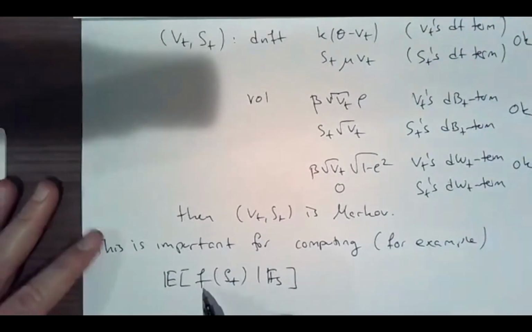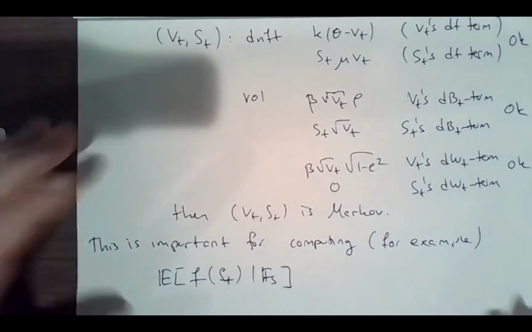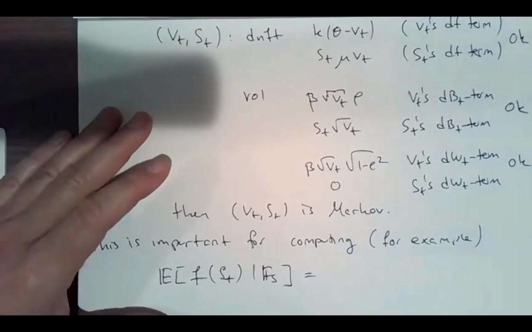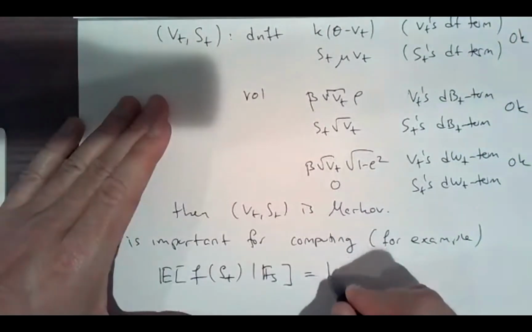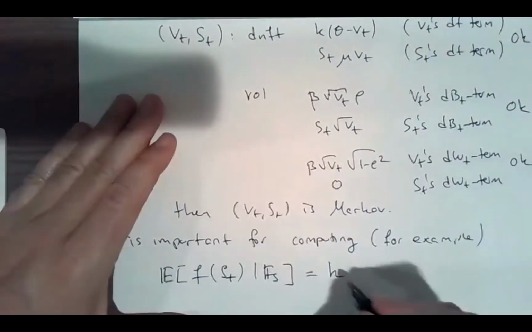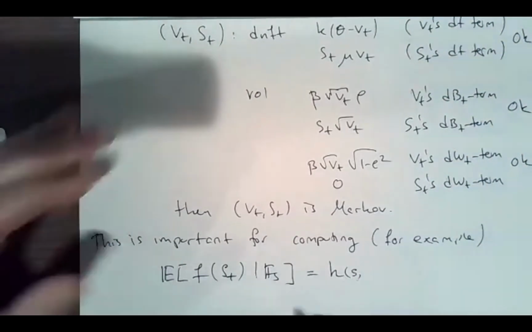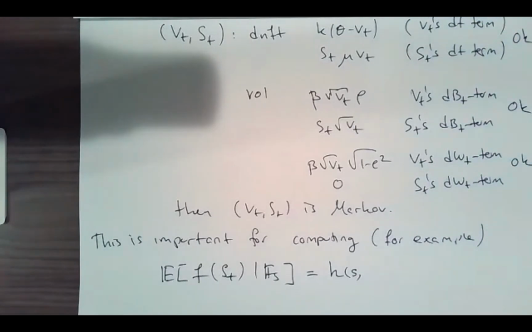Right, so you take a function, I want to compute a conditional expectation. Now, what should this here be? Well, we want to conjecture it's a function of S. And then what else would it be a function of? Well, this is where the Markov structure becomes important.